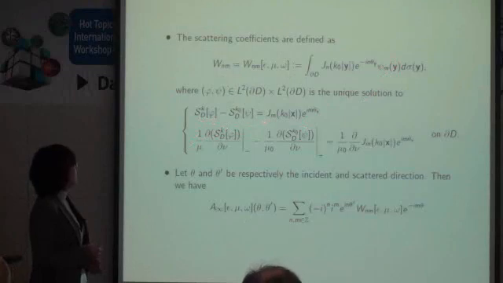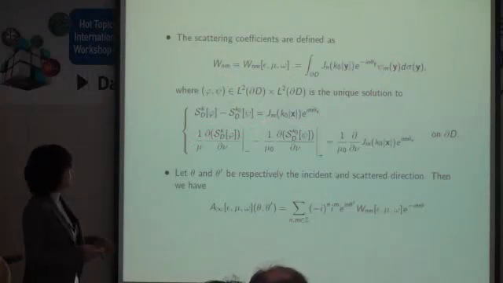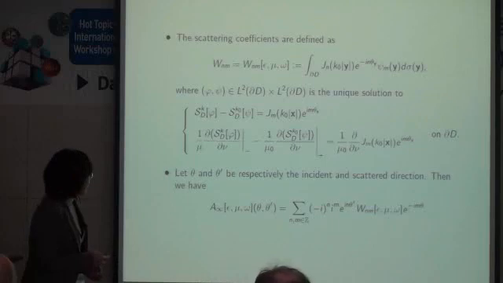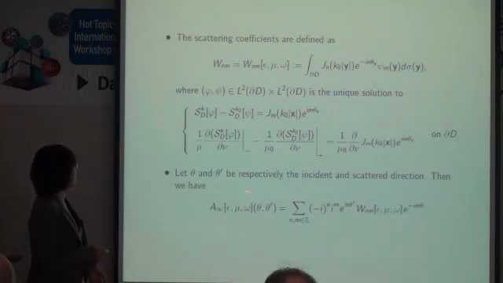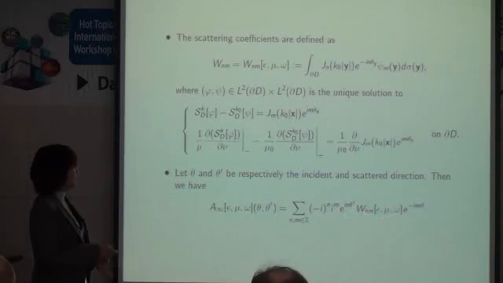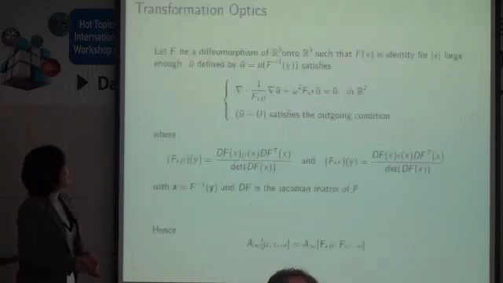One is about the Dirichlet condition. The other one is the Neumann transmission condition. Here, the far-field pattern equals the summation of exponential of angles times W and M. So by making W and M small, the far-field pattern is small as well.